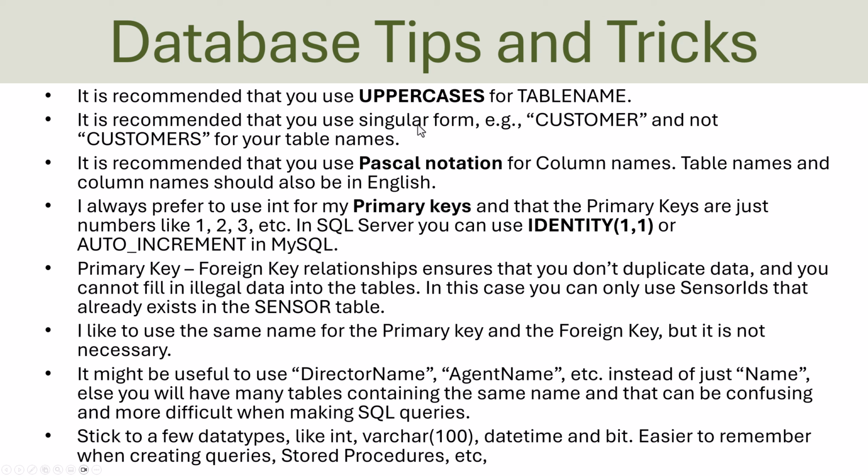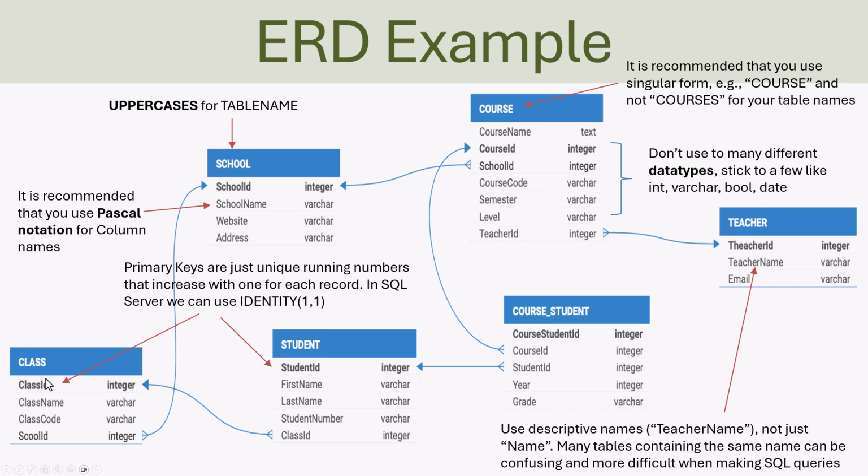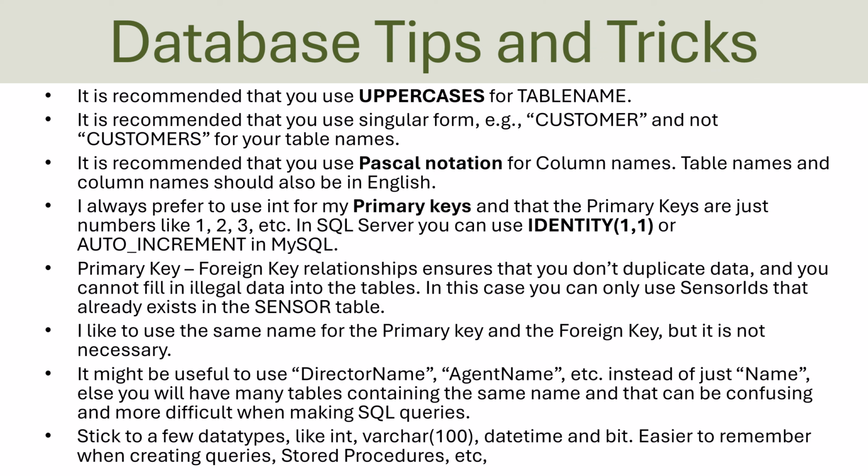It's also recommended that you use singular form for the table names. So typically you should use customer and not customers, as you see here. So I'm using class, not classes, student, not students, course, not courses, teacher, not teachers, etc. By doing that, it's easy to see or remember the names of the different tables or entities.